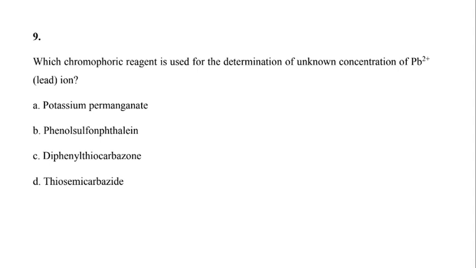Next question: which chromophoric reagent is used for determination of unknown concentration of lead plus copper? Okay, so it is also discussed in the 5th lecture. I think it is diphenylthiocarbazone, which can be used for lead.